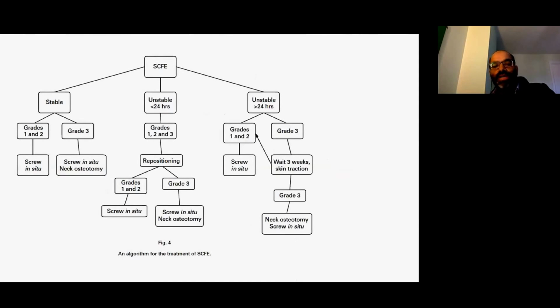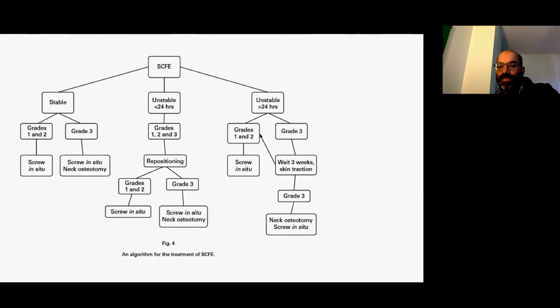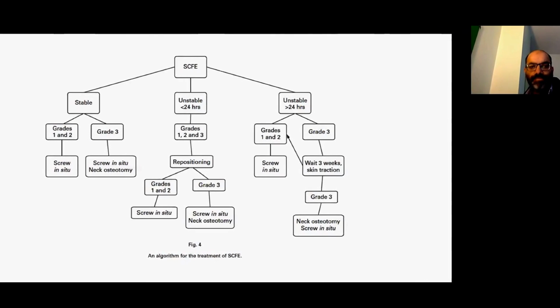This is a review article, and the consultants work around Southampton. And again, they have simplified the treatment options and explain it in quite detail, what you are expected to do if you come across with a stable slip, and what are the options if you come across with an unstable slip. Okay.